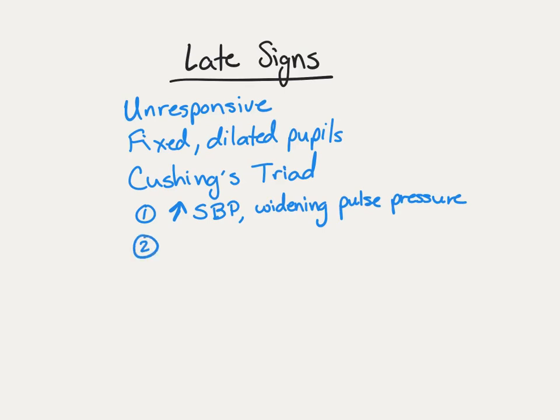Number 2, we see a slowing of the heart rate. And number 3, a slowing of the respiratory rate, and those respirations become irregular. So if you ever see these 3 symptoms in your patient with a concern for intracranial pressure increases, that is very concerning.